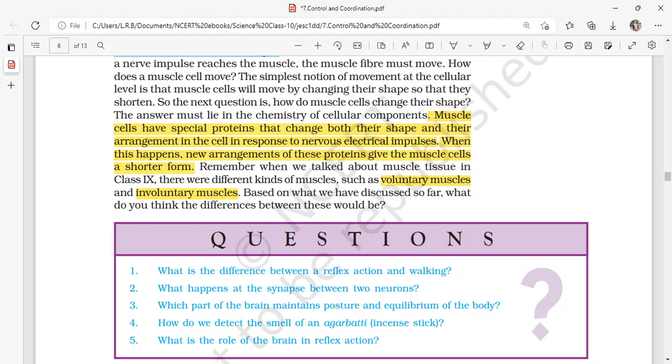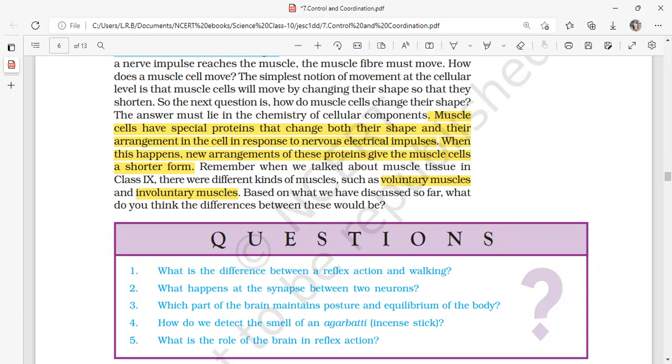Voluntary muscles are the effectors which the body can control. If I want to move something or pick up objects around me, I can move my legs or hands by my own will. So I am able to control them.